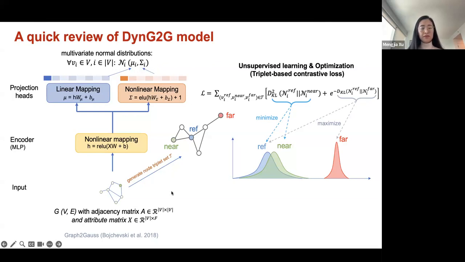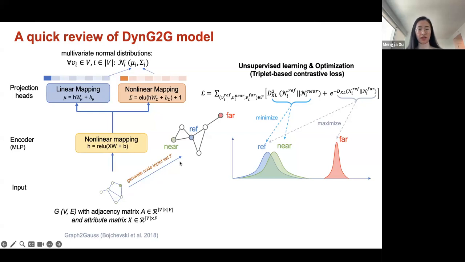Then another important step: because we don't have a decoder part, how can we optimize the whole network? There is another important step in this method, where we need to generate a node triplet set based on the original graph, basically based on the adjacency matrix A here.